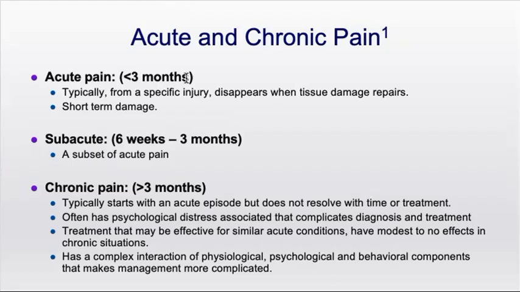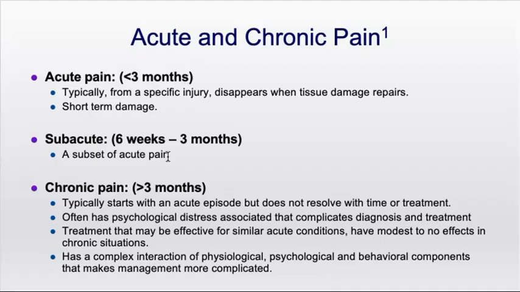Once tissue damage repairs, you'll get significant improvement and then marked improvement over time. Acute injuries would be, let's say, something like you roll your ankle, or you've had what's called a FOOSH injury, which is a fall on the outstretched hand, where you could injure your hand or your forearm. It's short-term damage, and it's going to recover within a short amount of time.